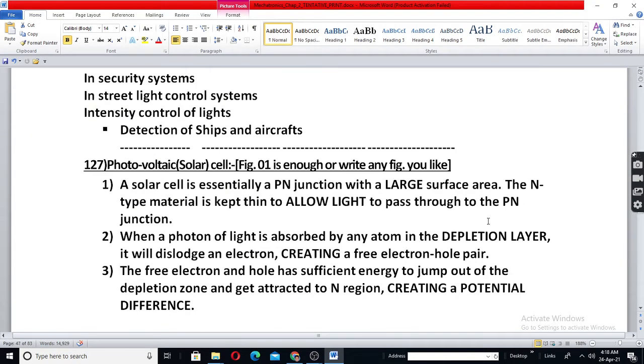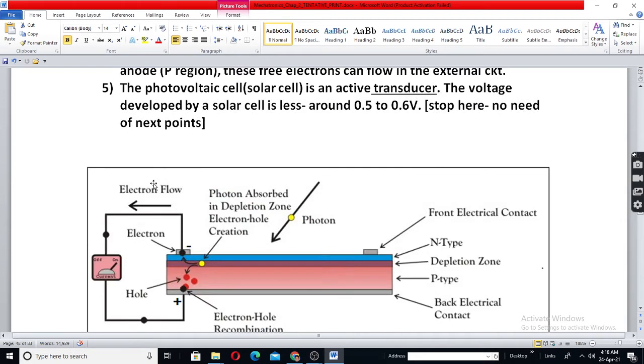Next, this is called as solar cell or photovoltaic cell. Here, when light falls on the material, photon means light, a voltage is developed across the material. This is called as photovoltaic effect.